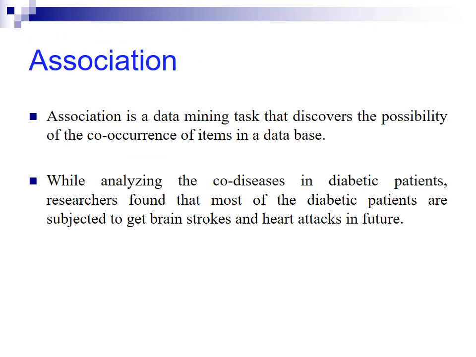Next, association is a data mining task that discovers the possibility of the co-occurrence of data in a database. For example, while analyzing the core diseases in diabetic patients, researchers found that most diabetic patients are likely to get brain strokes and heart attacks in future.